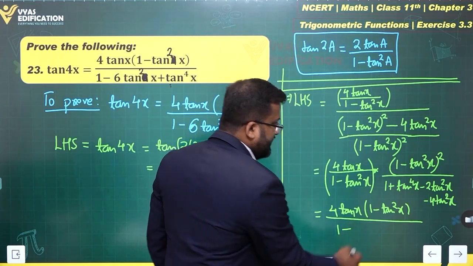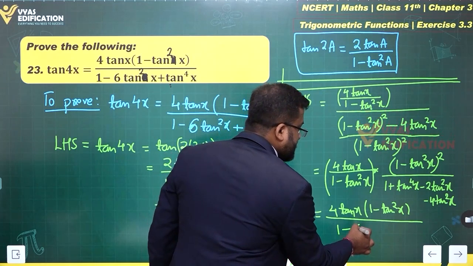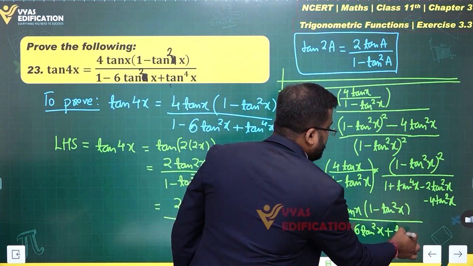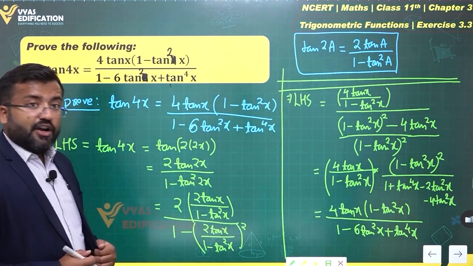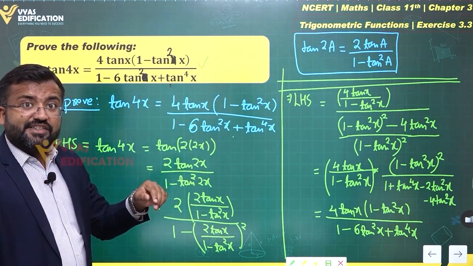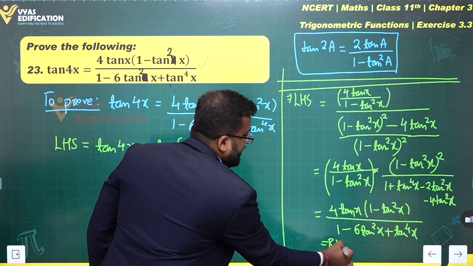What is this? 1 minus 6 tan square x plus tan power 4x. Do you observe that? And observe carefully, this and this, are they same? Yes, this and this are same. This is equal to the RHS.